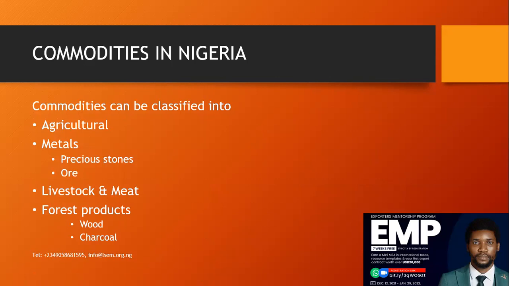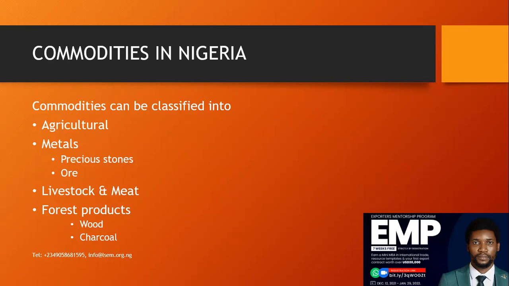Commodities can be classified into agricultural commodities, metals, livestock and meat, and forest products. Under the agricultural commodities, you have commodities like sesame seeds, cocoa beans, cotton, hibiscus flower, shea nuts, shea butter, cocoa butter, and others.